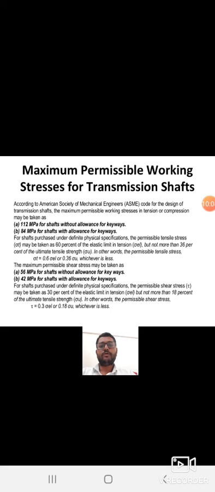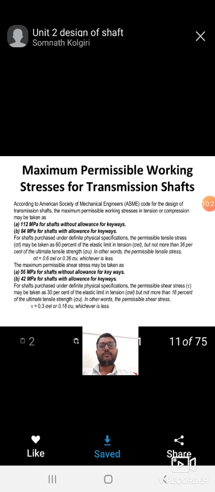Next important factor is maximum permissible working stresses for transmission shafts. According to the American Society of Mechanical Engineers Code for the Design of Transmission Shafts, the maximum permissible working stresses in design in tension or compression may be taken as 112 megapascal for shafts without allowance for keyways, and 84 megapascal for shafts with allowance for keyways.